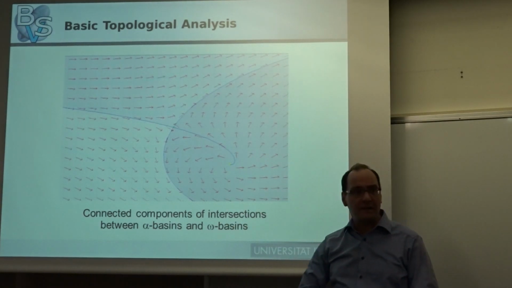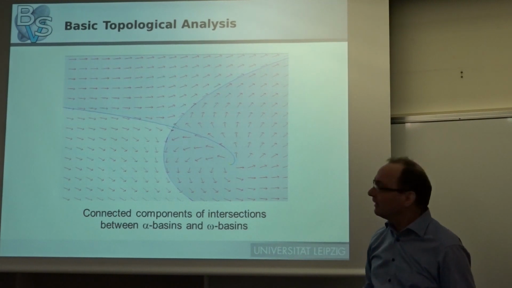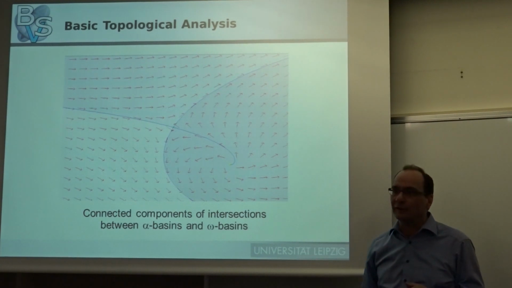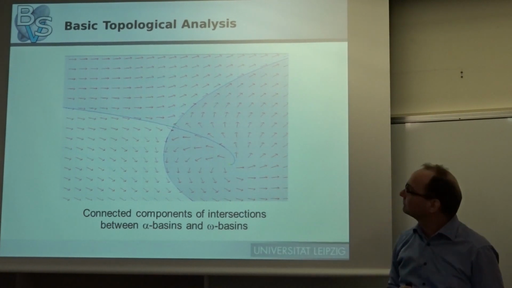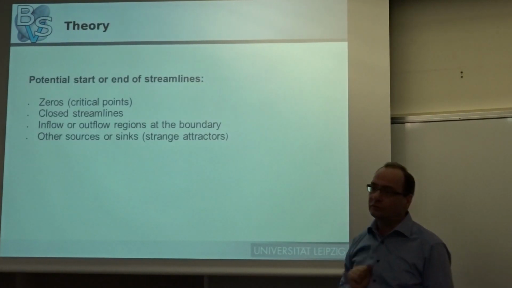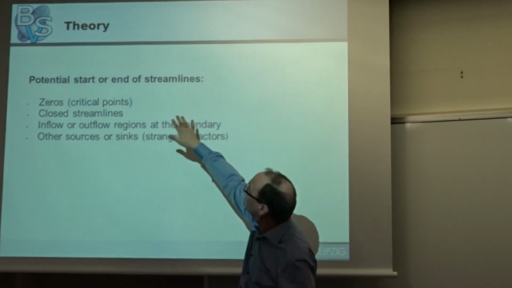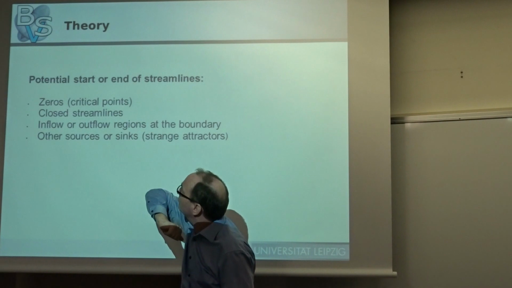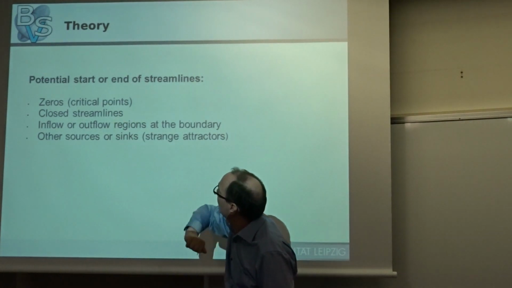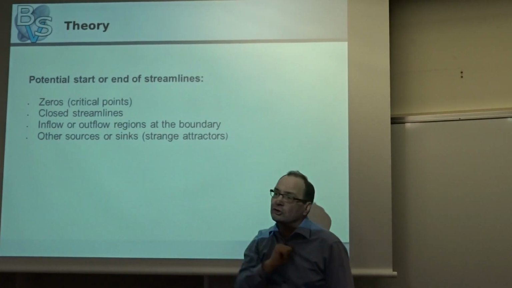And there's a nice mathematical theory behind it that tells me that this procedure is actually correct, and not only in one example. The theory tells me where streamlines can start and end: at the zeros, at the critical points, at closed streamlines, at inflow or outflow regions. We have seen that.